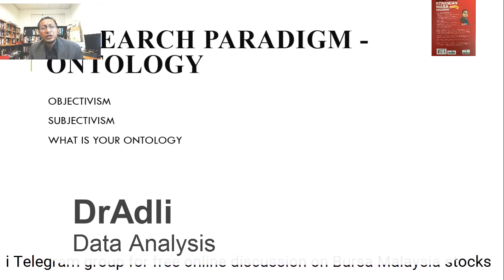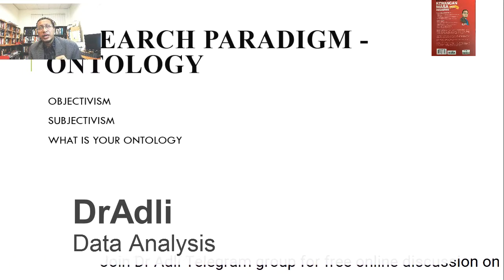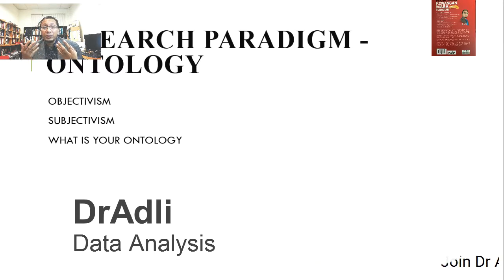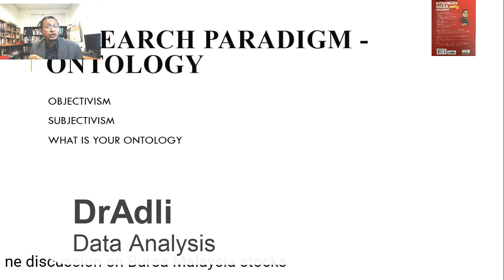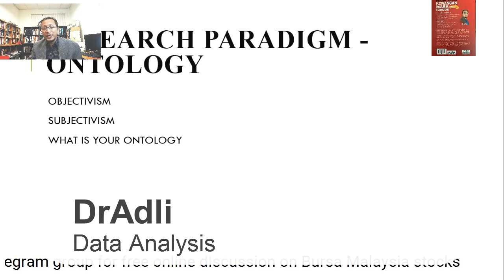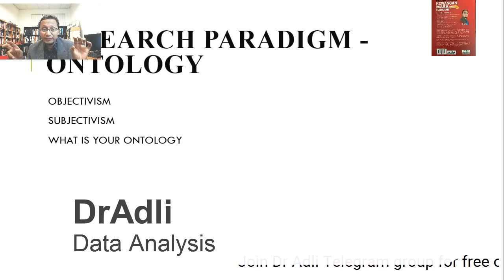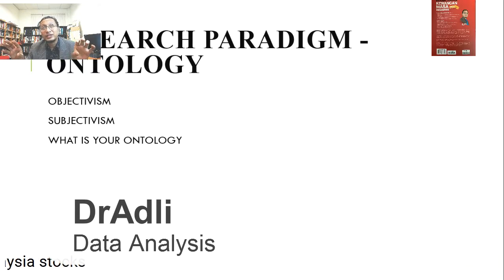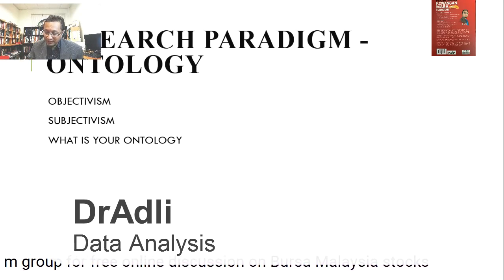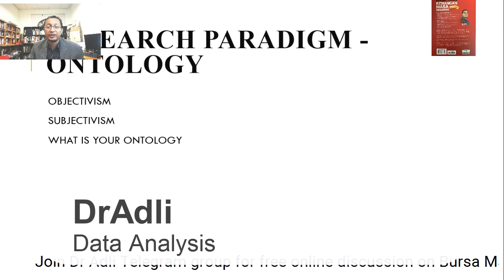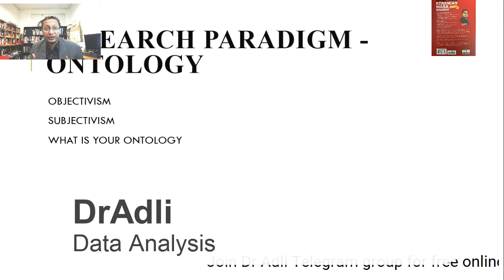So basically, when we talk about ontology, as a researcher you will use your views of your reality, then you want to put it into your research. The basic ontology positions are objectivism and subjectivism, right? Objectivism is saying that, oh, this table is made of wood, it's hard, so it's objective.